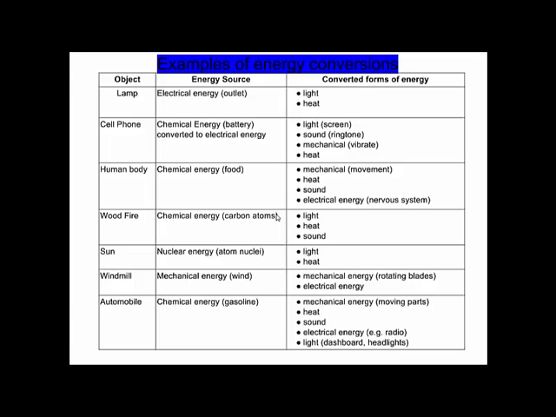Our cell phone, the battery starts out as chemical energy and it gets converted to electrical energy. We also see energy as light in the screen, sound from our ringtone, mechanical energy, right? Because if you're like me, it's always set to vibrate. So that's our mechanical energy, and heat energy.